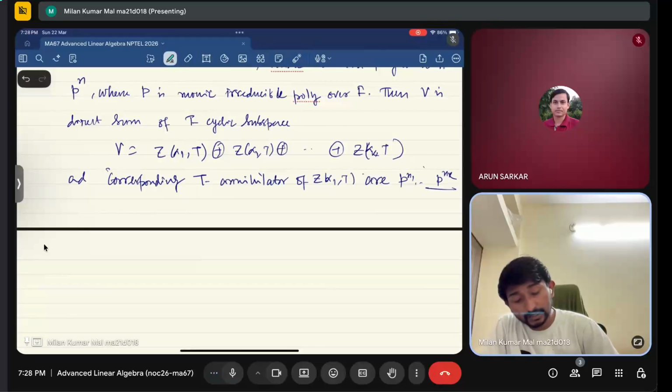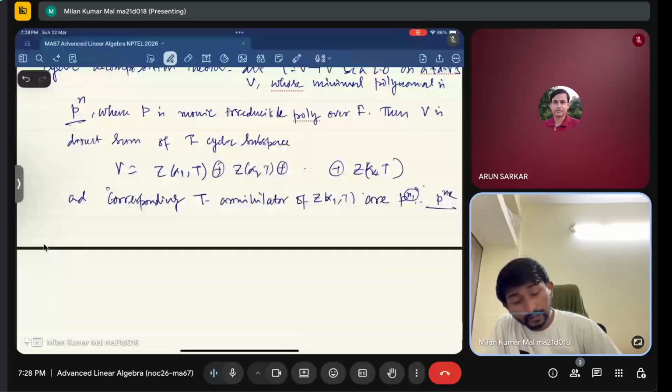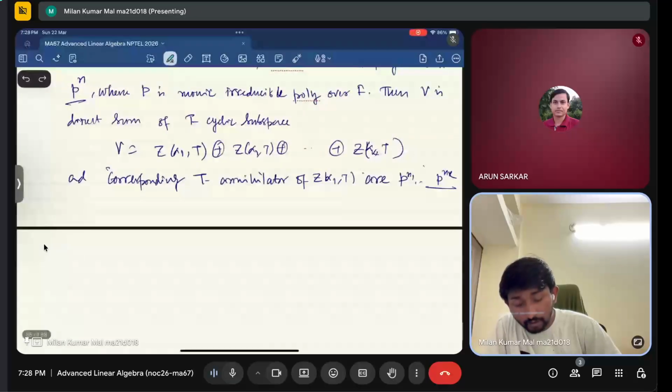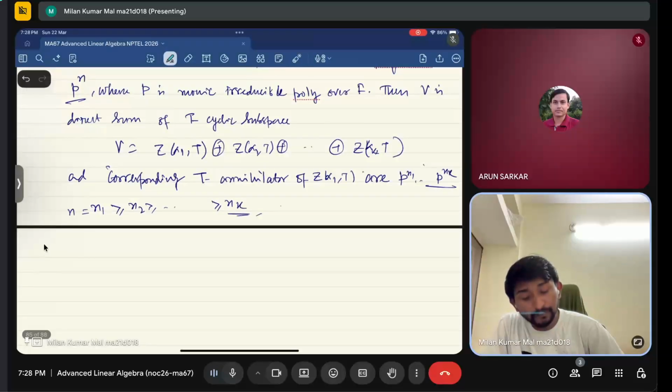These are the annihilators, the same polynomial P with different powers, with the fact that n1 will be exactly n and all others will be less than or equal to n1, all the way n1 greater than or equal to n2 and so on down to nk, and importantly the sum of n1, n2, all the way to nk is exactly the dimension count as required.